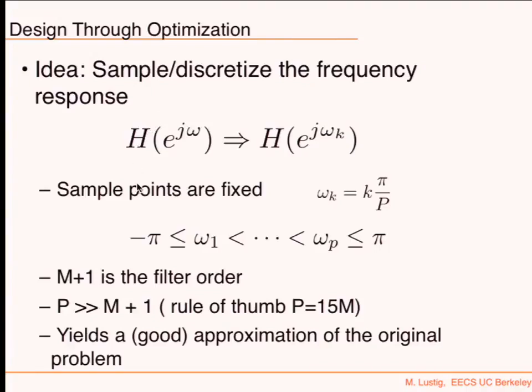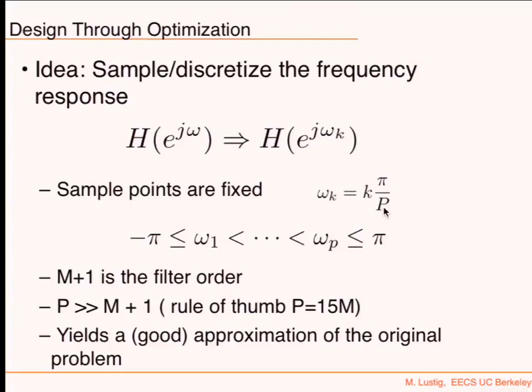So we're going to fix the sample points to w_k equals k times pi over P, where P is how many places we're going to be evaluating our penalty. We're going to evaluate the mean square error, instead of evaluating it on the continuum on all omegas, at a discrete number of points. And there's going to be P number of points we're evaluating it at.